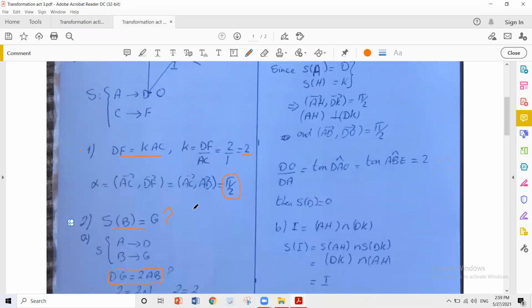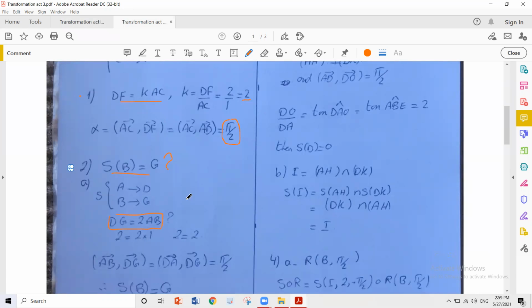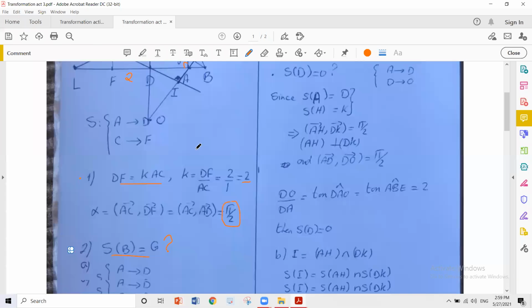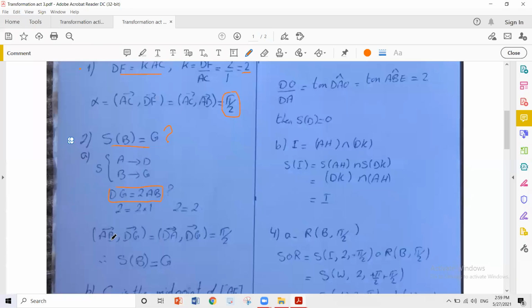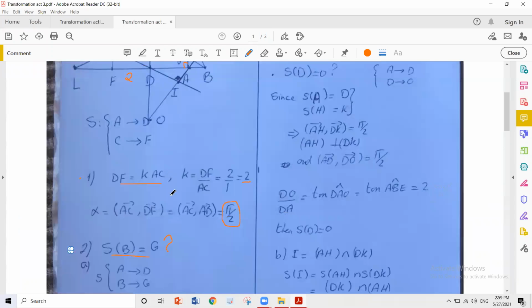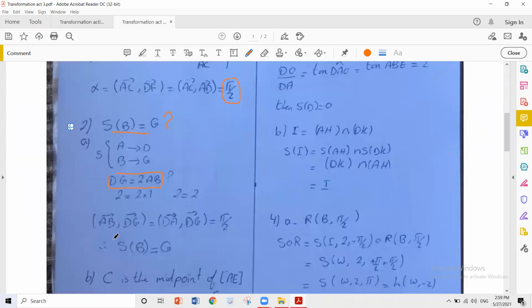It is true. And the angle (AB, DG), instead of AB, I can put DA. The angle (DA, DG) is pi over 2. So, therefore, S of B equals G.